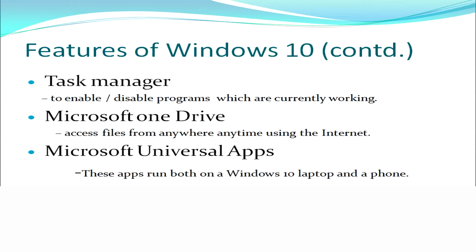It has OneDrive. This feature helps us to access files from anywhere and anytime using the internet. It is basically a virtual storage device. And we also have Microsoft Universal Apps. These apps run on both laptop and phone which are using the Windows 10 operating system.